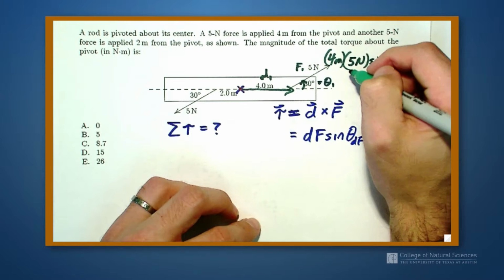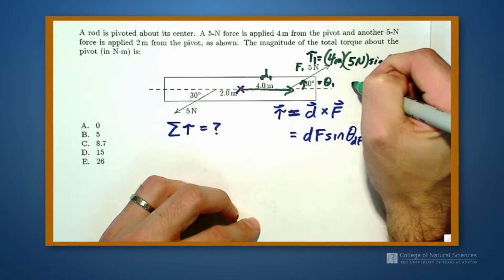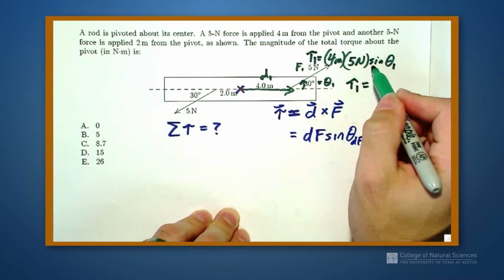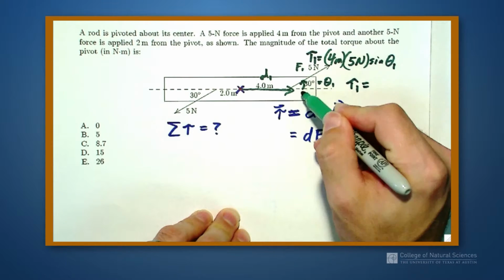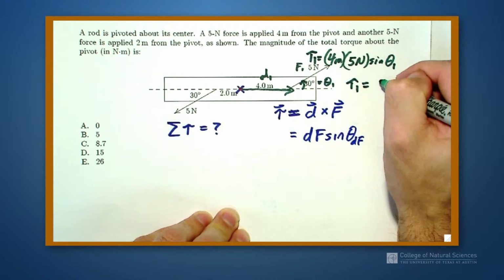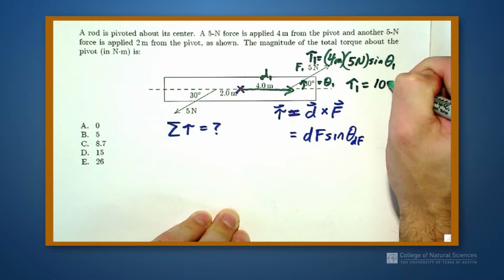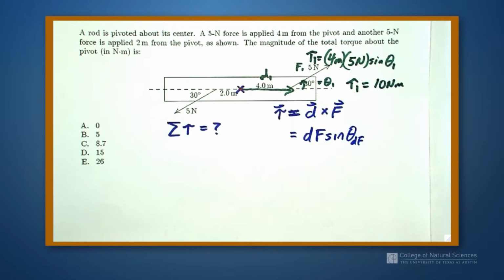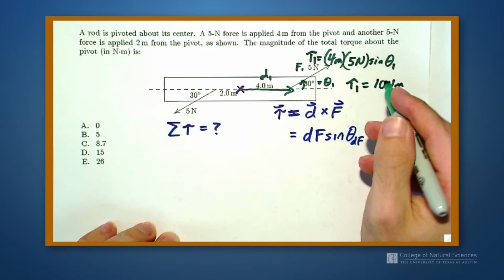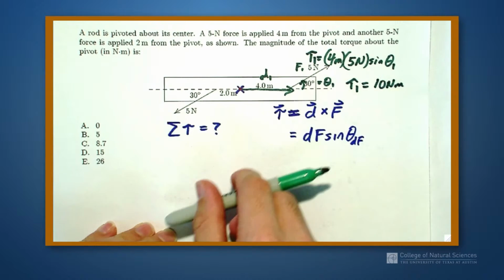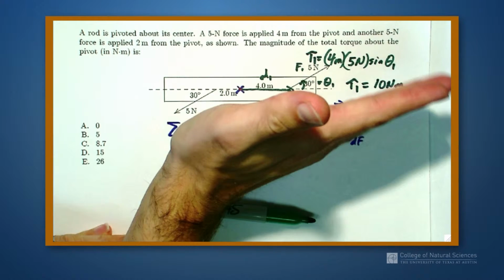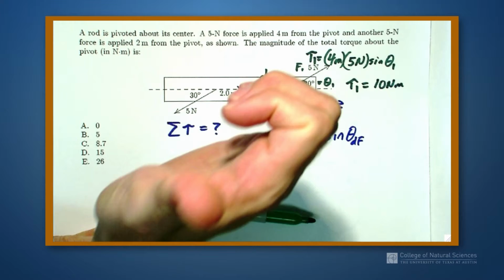Well, if I work this out, my torque 1 is equal to 20 times the sine of 30 degrees, which is 1/2, so I get 10 Newton meters. And I want to know what direction it points. So if it goes D into F, I can use my right-hand rule to help me out. I go D into F, and I see that it points out of the page.